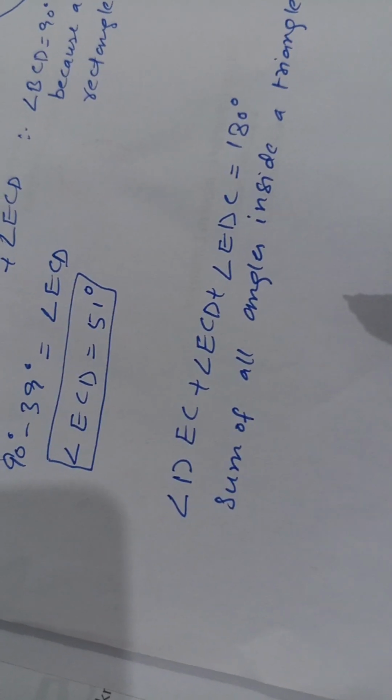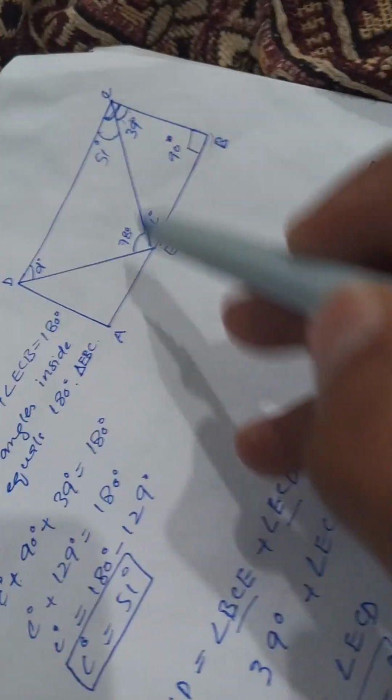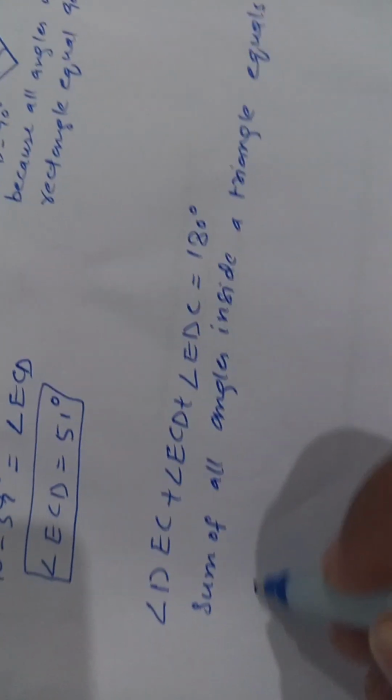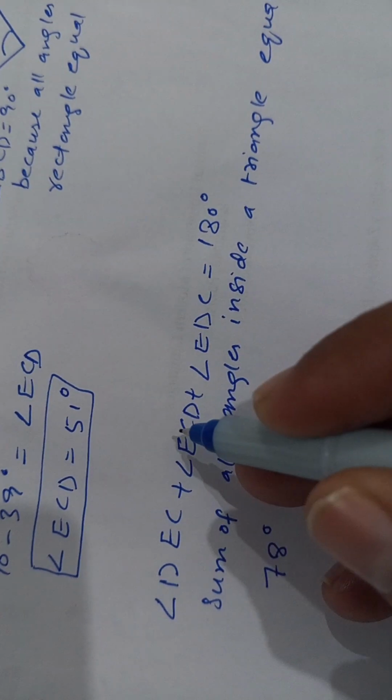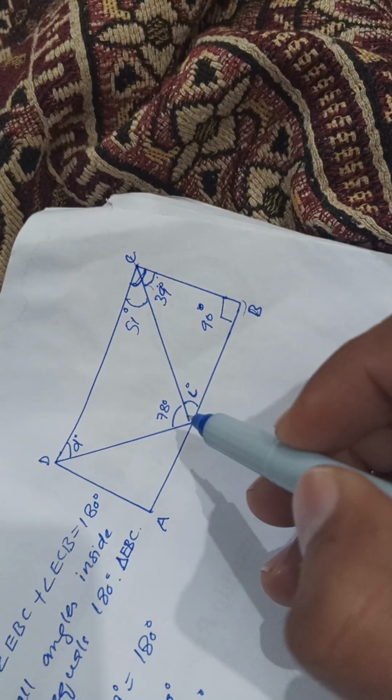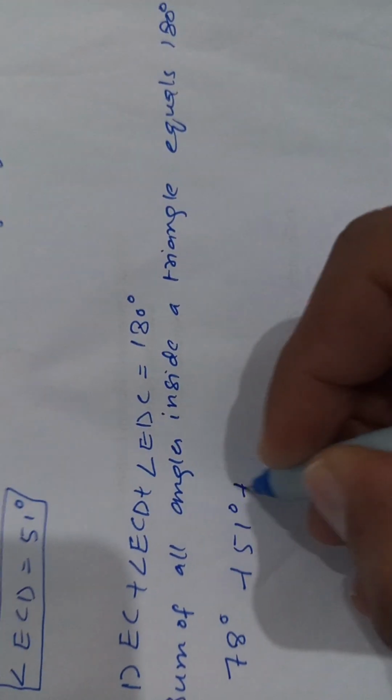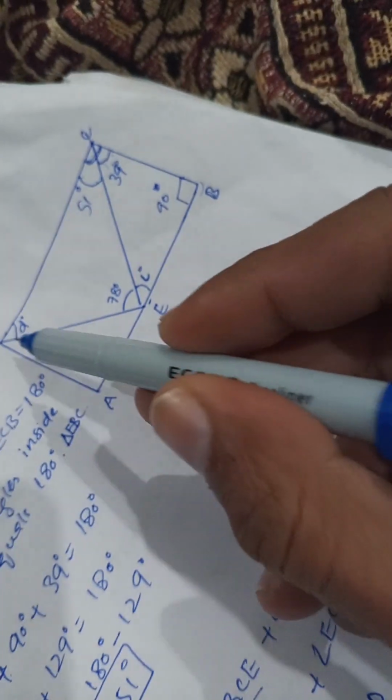So now moving on, I'll put in the values, right? Do I know the value of DEC? Yes, I think I know. DEC is 78 degrees. So instead of writing DEC, I'll write 78 degrees plus angle ECD, that is 51 degrees, plus angle EDC.